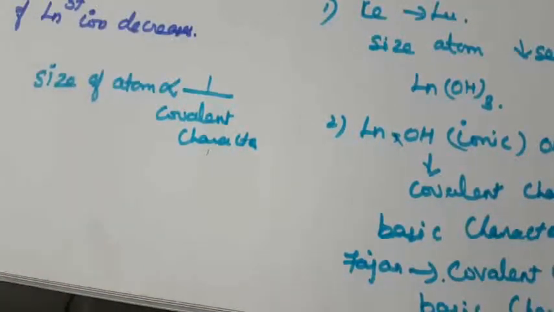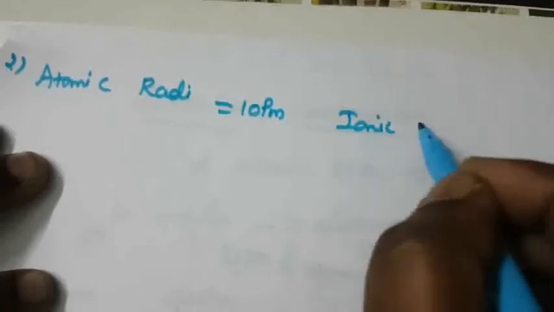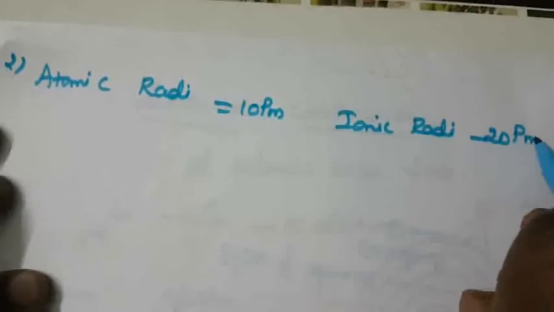Second point is atomic radii. The atomic radii is 10 picometer, the ionic radii is 20 picometer.